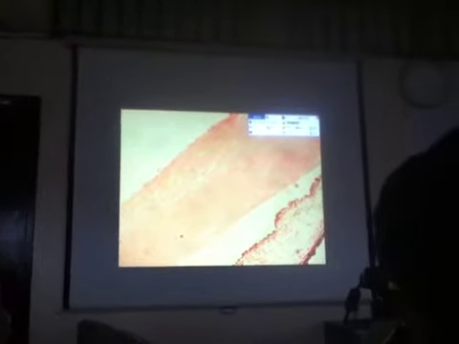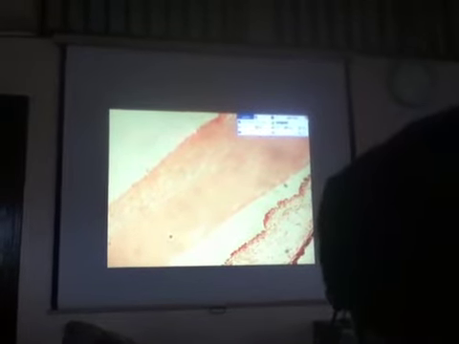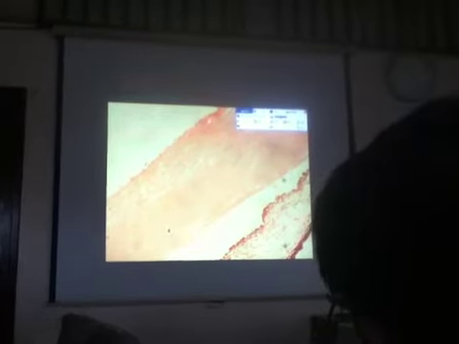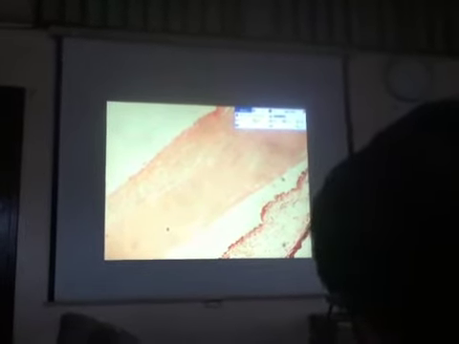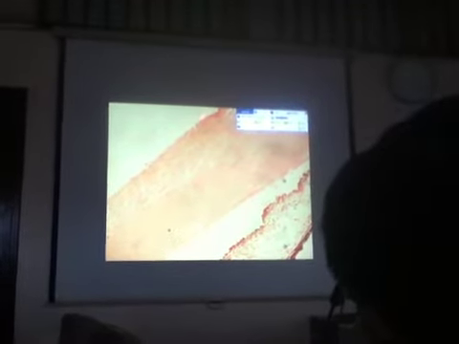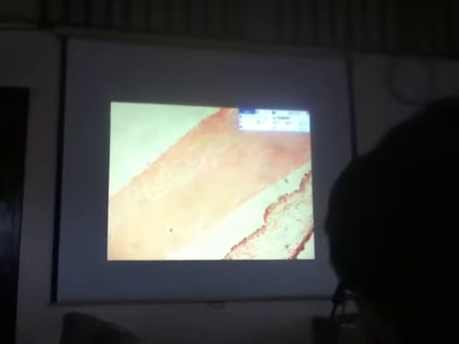Corneal stroma. The stroma, okay? And then, the stratified squamous epithelium is resting on a basement membrane, which is specifically called by what name? The Bowman's membrane.